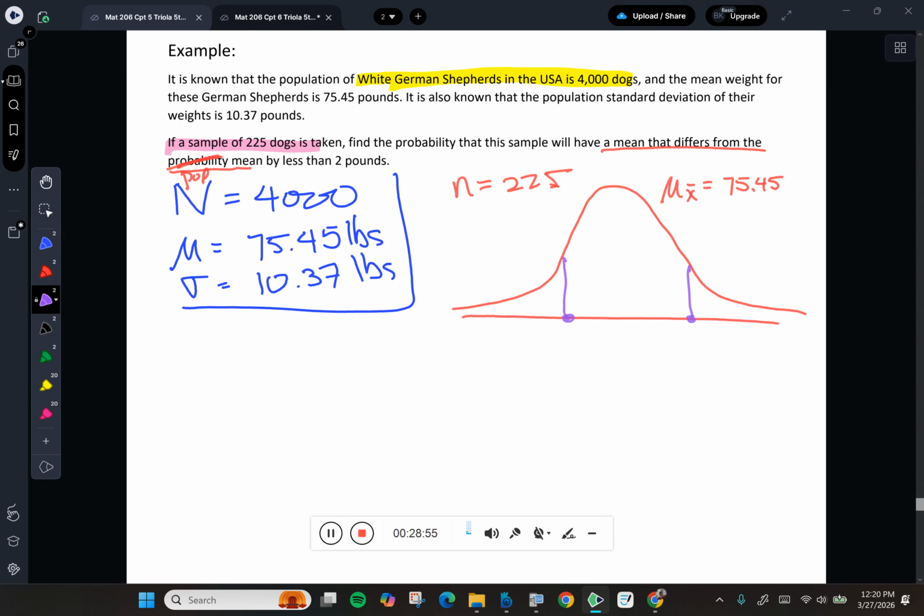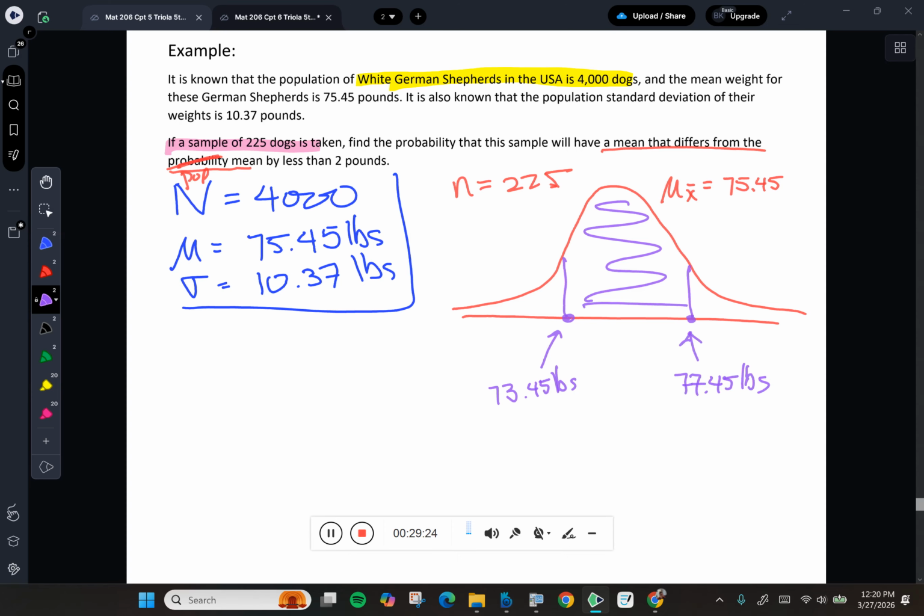So we want to find the probability that it's in here, where this number is 73.45 pounds and this number is 77.45 pounds, so that it doesn't differ by more than 2. I can do that.